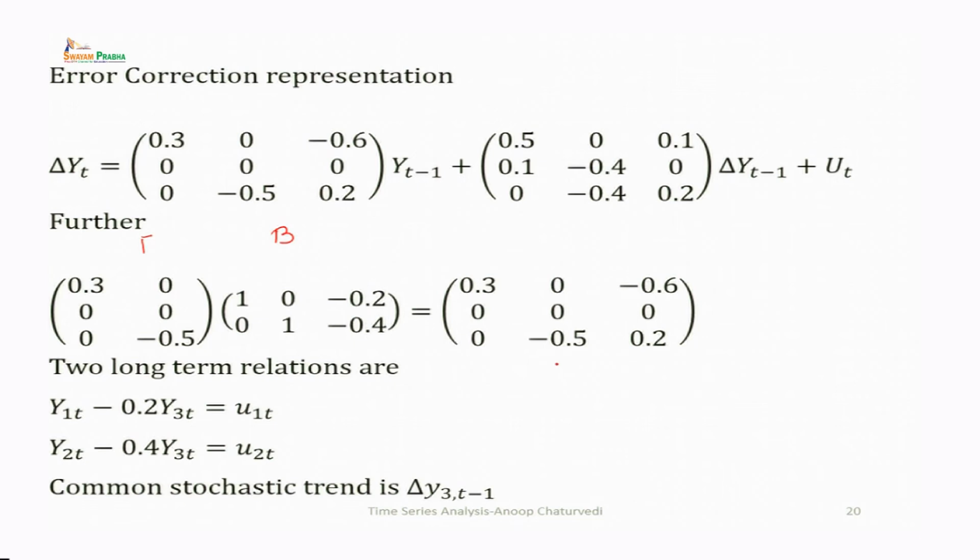So, to obtain the long term relationship, you write B times y1t, y2t, y3t. So, in fact, you get just 2 long term relationships, because B has just 2 rows.